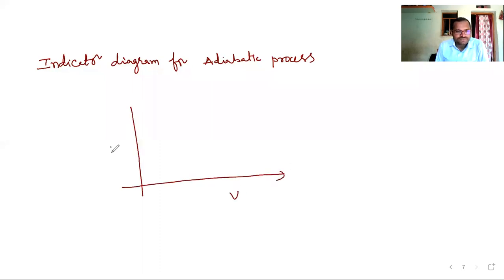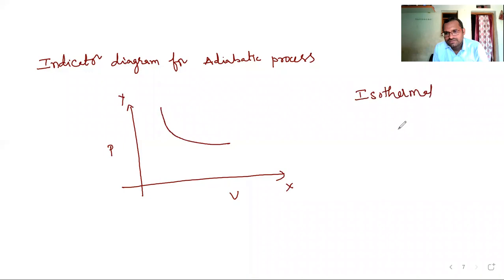Here volume should be there, here pressure should be there. This is y-axis, this is x-axis, and the graph will be like this. What about the isothermal process graph? It is also like this.